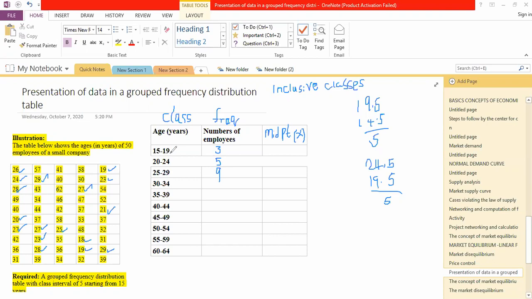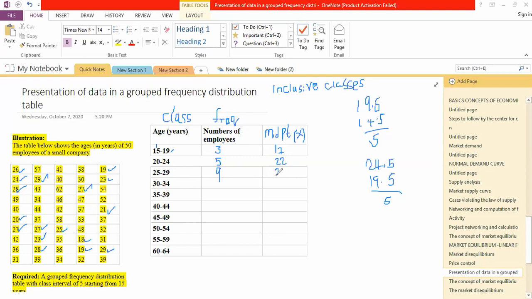So for the first class, 19 plus 15, that gives us 34. Divide by 2, 17. 24 plus 20, that is 44. Divide by 2, giving us 22. 25, 29, that will give us what? 54.